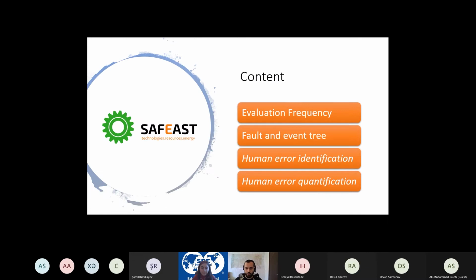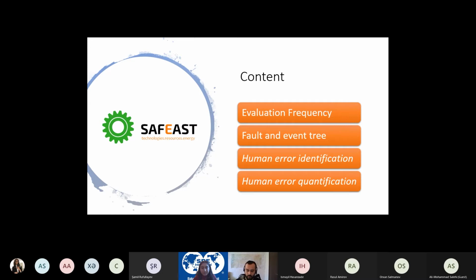So in terms of the content, I will talk about evaluating frequency. So how we normally evaluate frequency and probability, and I will show you some specific examples of how we use certain techniques like fault tree and event tree techniques to derive the frequencies or likelihood for the event.